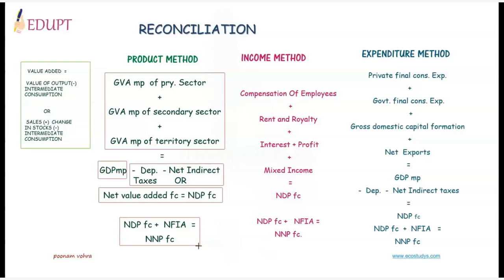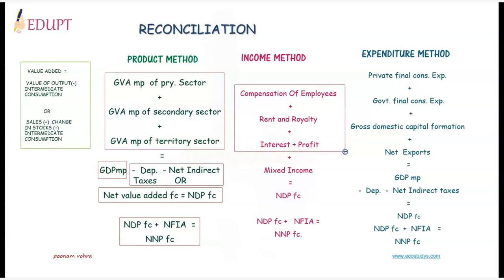The second phase of the circular flow is where income is distributed among the factors of production. So income method is used. To estimate national income by income method, income earned by all the 4 factors of production is taken into account. That is, compensation of employees to labor, to land and entrepreneurship it is rent and royalty, interest and profit.